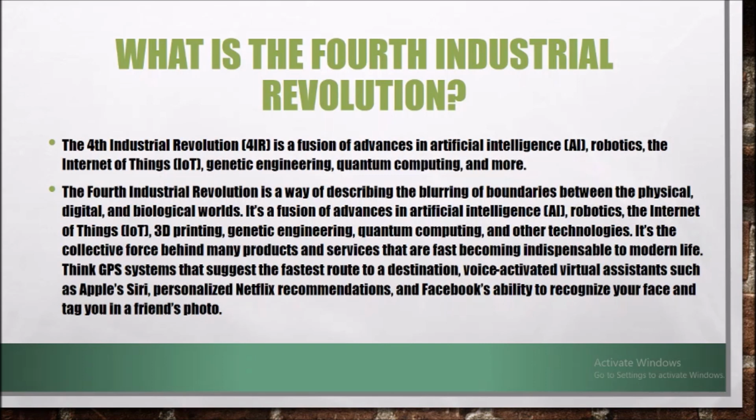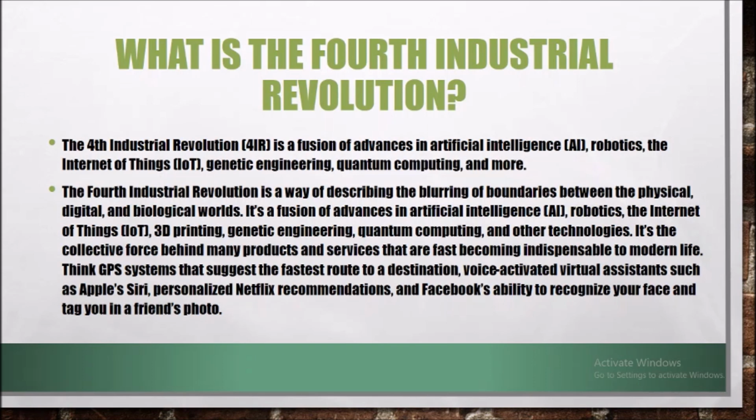So you can understand it as something like the combination of all the recent technologies that we have already in our present generation. They are all joined together, their application, and that is what is called the fourth industrial revolution.